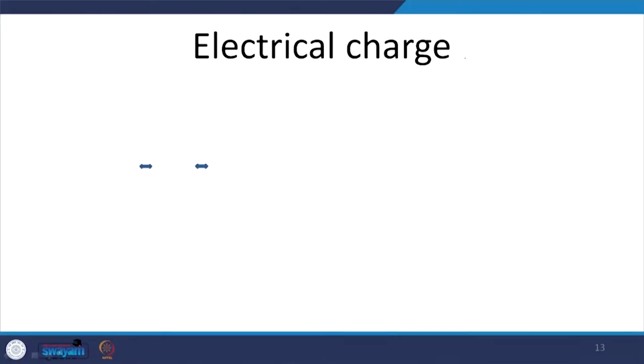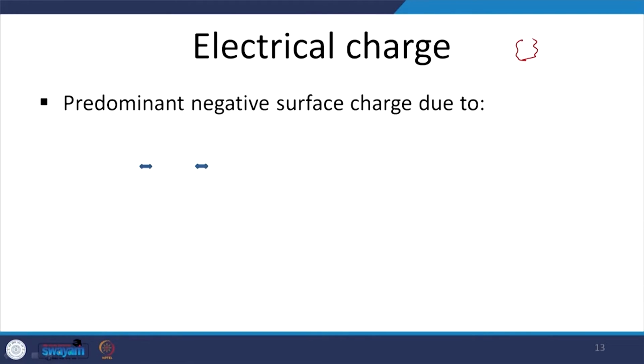Why is that? Because they have a net negative charge. So, why do they have a net negative charge? Let us see that. Let us say this is my suspended colloid and it has a net negative charge. This negative charge will prevent these two particles from coming towards each other, like they repel. There is electrostatic repulsion.